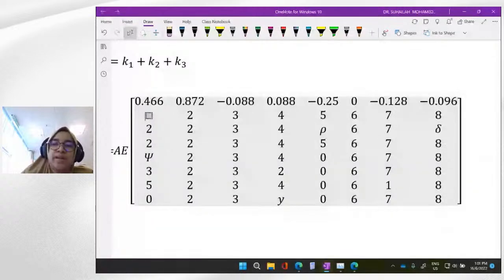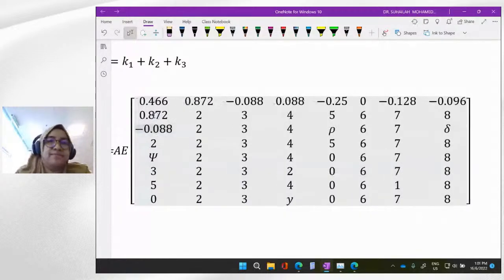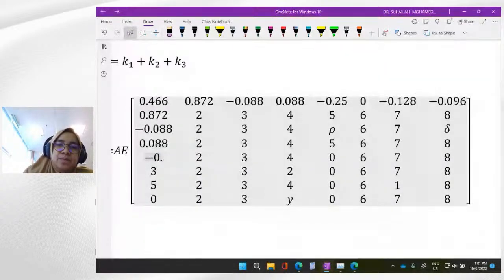So it is 0.872 and negative 0.088 and then 0.088 and negative 0.25 and 0 and negative 0.128 and negative 0.096.